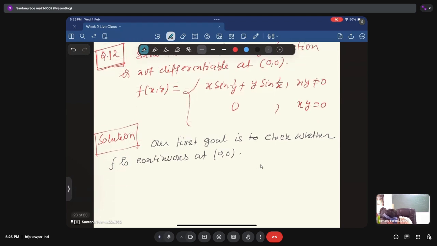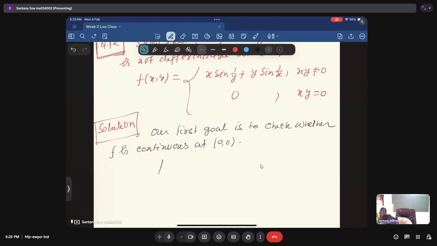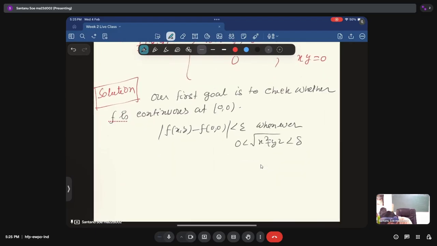Okay. So that means we have to show that |f(x,y) - f(0,0)| will be less than epsilon whenever 0 < sqrt(x^2 + y^2) < delta. Correct. Now here f(0,0) is 0.